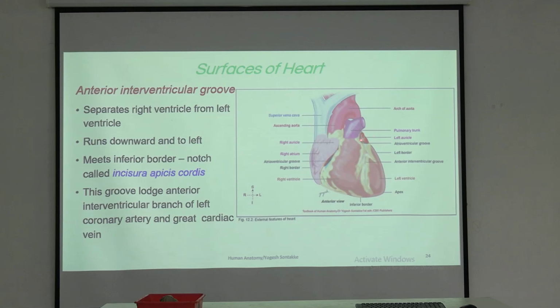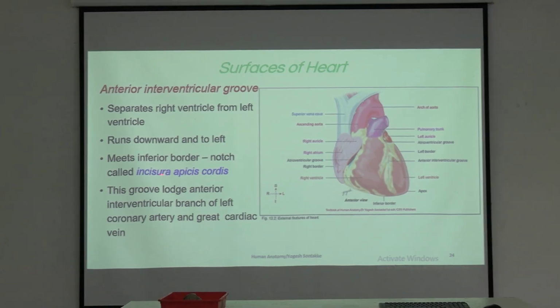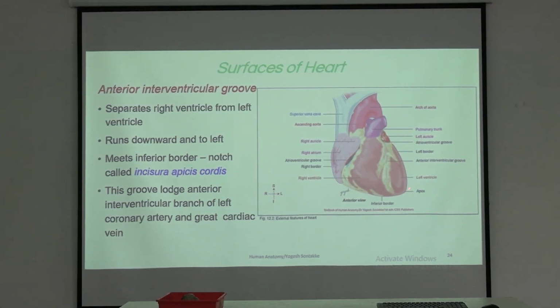Here you can see this groove is coming down and ultimately it ends near the apex, and near the apex we can get another groove. This groove is called incisura apicis cordis.